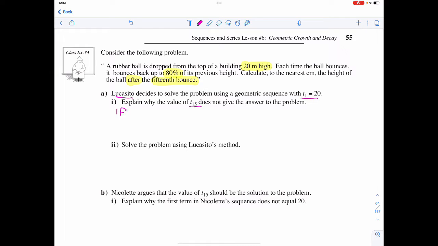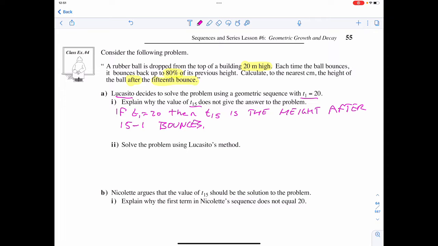Well, if T1 is equal to 20, then T15 is the height after 15 minus 1 bounces.